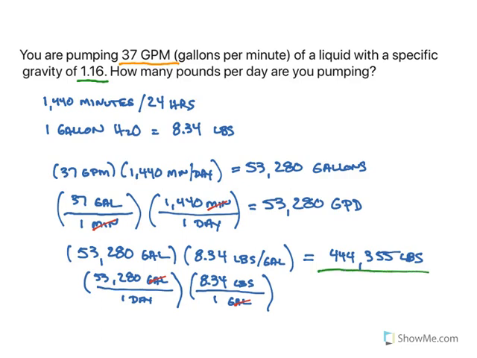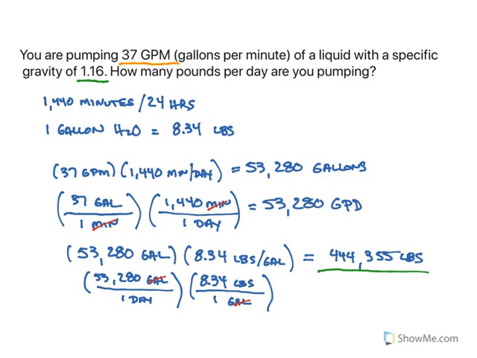And now this is where specific gravity comes in. Because this liquid is denser than water, and we've calculated how many pounds of water we've pumped, now we multiply pounds by specific gravity, and that will help us know how many pounds per day of this unknown liquid we're pumping.